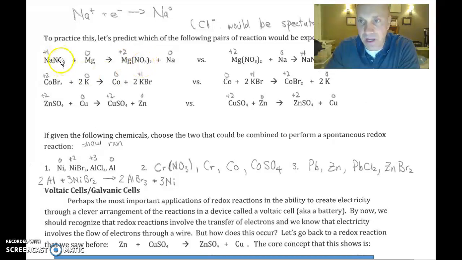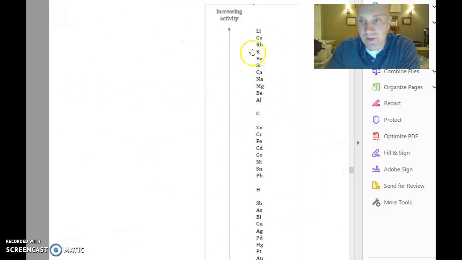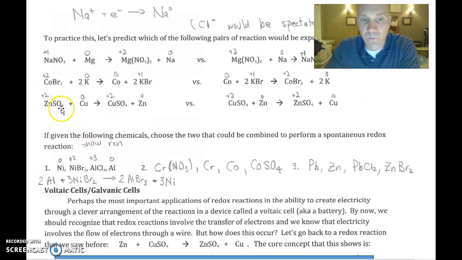That's actually a negative polyatomic ion. Sometimes we've got bromide, and here we have sulfate, and it really doesn't matter, as long as the metals in the reaction can be found in this activity series. That's all that matters, and we can have whatever negative ion we wanted there.